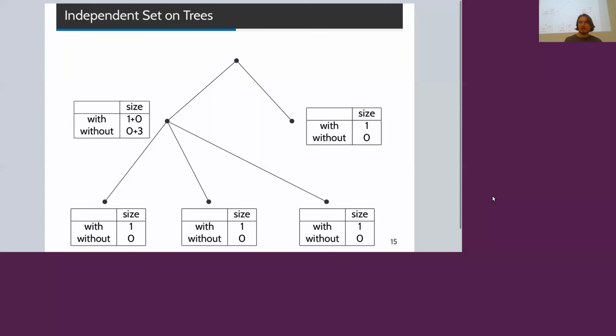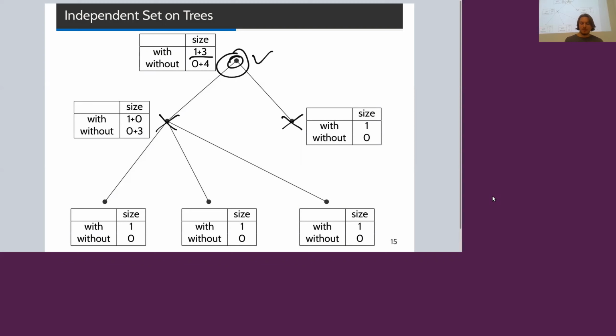And similarly, we may define a table for this other root vertex. And at last, we compute the table for the whole tree by computing the table for the root. And again, we have two cases. If we put this vertex inside the independent set, then we have to exclude these vertices, and we sum up the appropriate tables, and we come up with a value of 4.